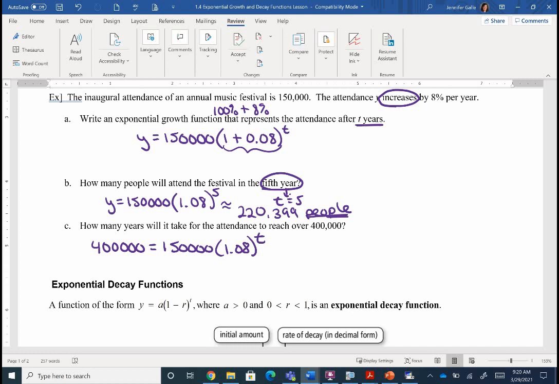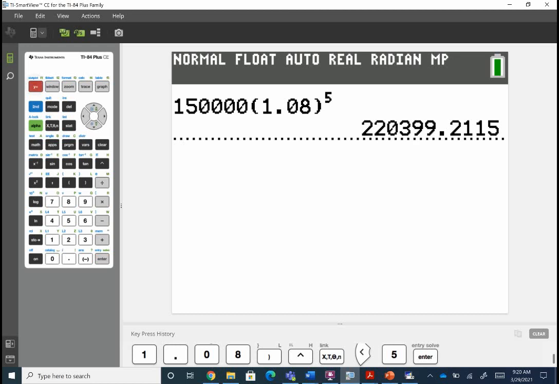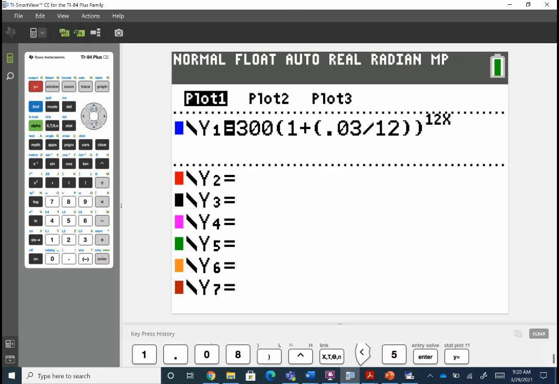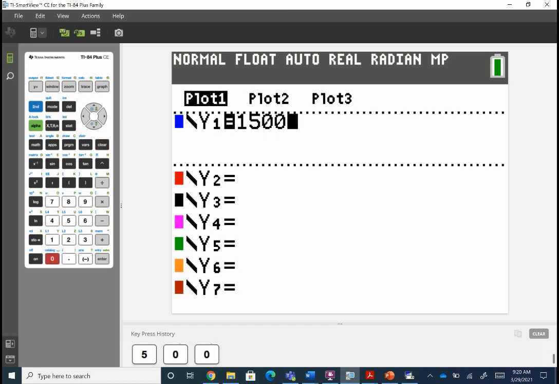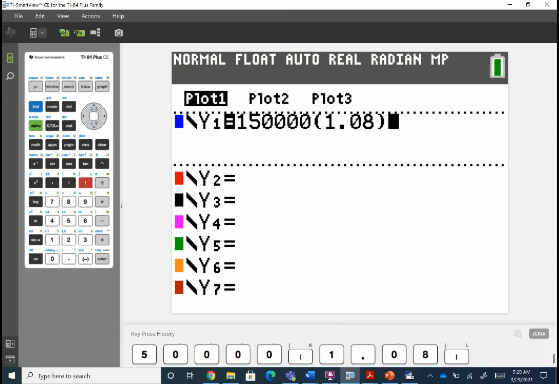So we're going to go to our calculators. We're going to go to our y equals. Clear out anything that's in that y equals, and we're going to enter in our function of y equals 150,000 times 1.08. And then this is what I was talking about earlier when I got ahead of myself.